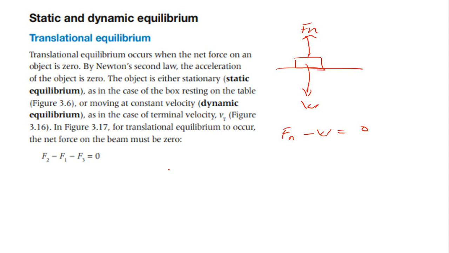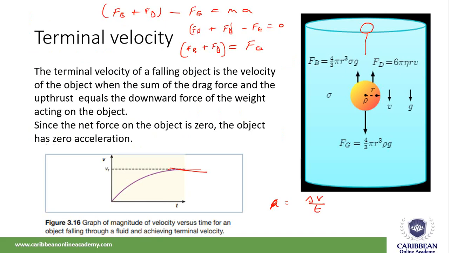Now, as soon as an object is moving at a constant velocity, such as terminal velocity in that sense, we have a state we call dynamic equilibrium. And that can be observed in the scenario just now with the object moving in a fluid.